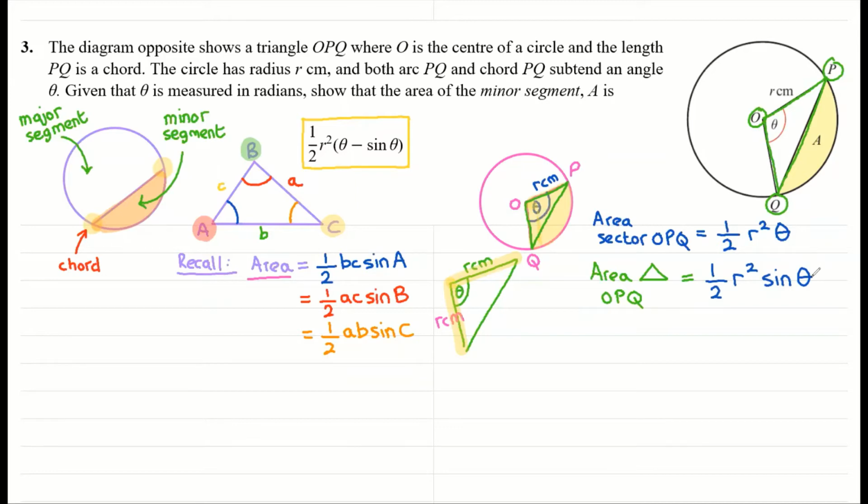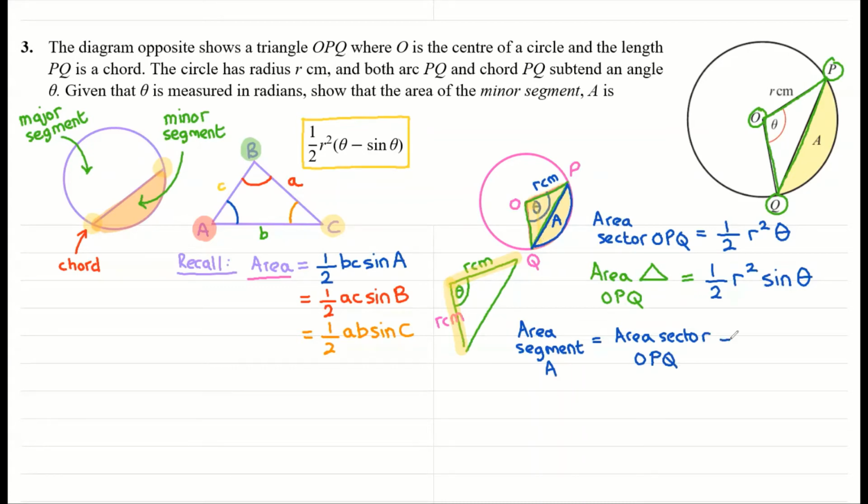Now, how do I get the area of the segment A? Well, the segment A on this diagram is this part here. So what I'd need to do is take the area of the sector. So let's write this down. The area of the segment, which is called A, would be the area of the whole sector OPQ, the larger area.